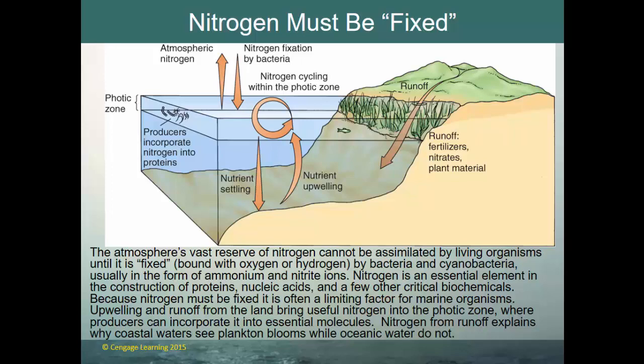Upwelling from the deep ocean, where you tend to find lots of nitrogen because it dissolves well in cold water, can bring nitrogen up into the photic zone, where producers can incorporate it into essential molecules. Then there's nitrogen from runoff, so nitrogen that comes from land, and that may be the result of fertilizers or nitrates found in decomposing animals or plant materials. That nitrogen can run off into the ocean, but more likely it's going to run off into coastal waters and feed plankton blooms.